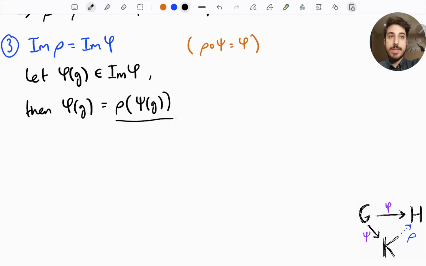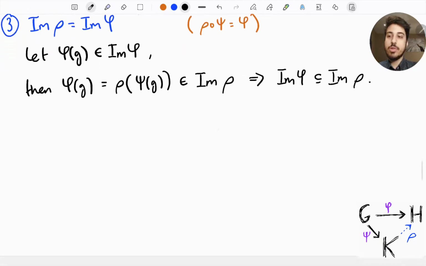But rho of psi of g is an element in the image of rho, because it is the image of some element by rho. So this means that an element in the image of phi is an element in the image of rho. So image of phi is a subset of the image of rho.